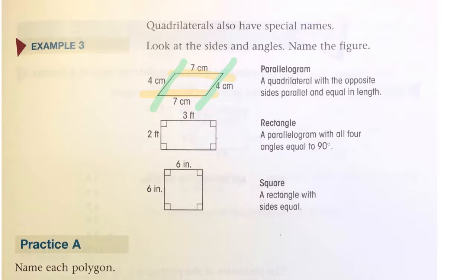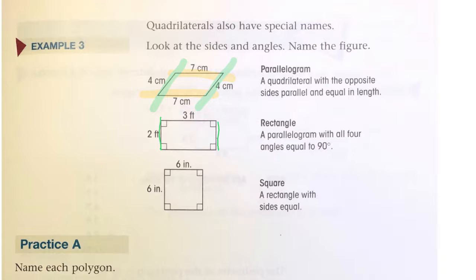And we can take a look at a rectangle. A parallelogram with all 4 angles equal to 90 degrees. So just like before, we've got parallel sides.